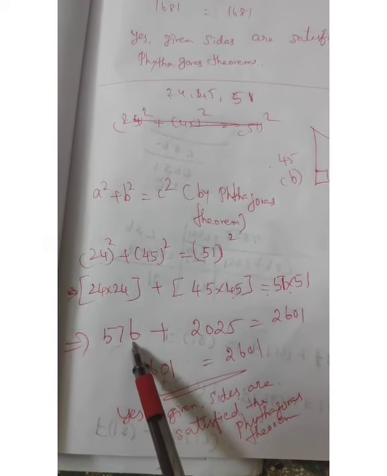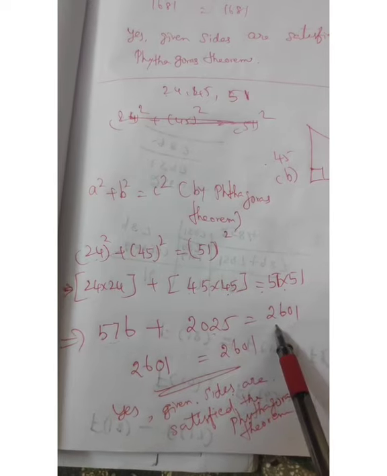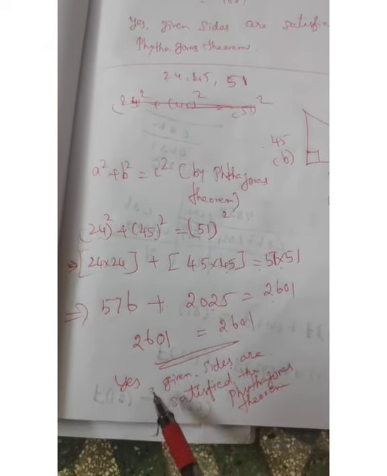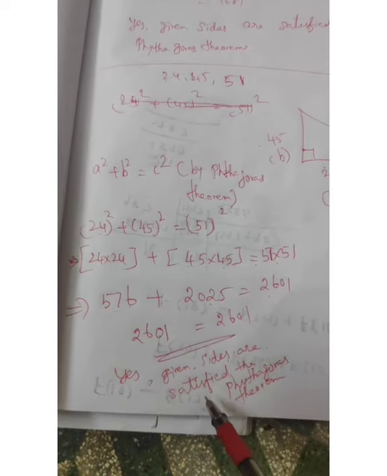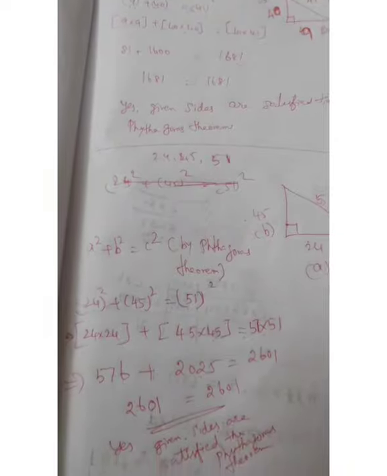Multiply and get the answer 576, here multiply and get 2025, 2601. Add and write this, correct answer. Yes, satisfied. Given sides are satisfied the Pythagoras theorem. Write the same in the previous sum also.